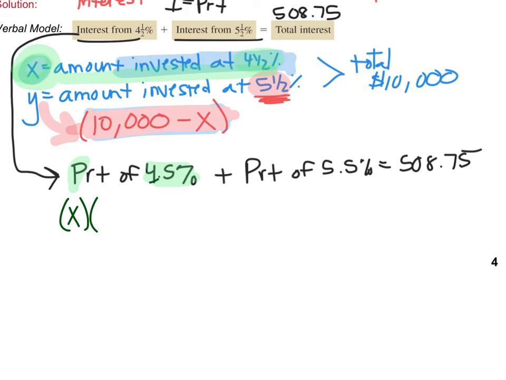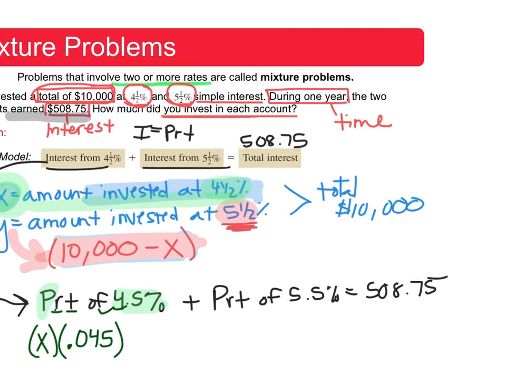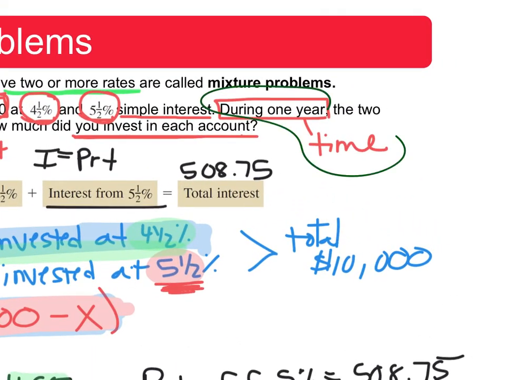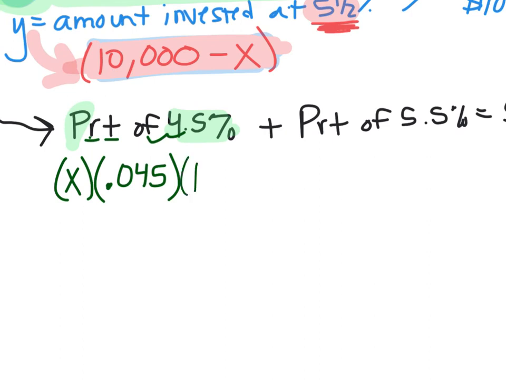So if we move our decimal over twice, this would be 0.045. Make sure you're converting your decimals carefully. And then for time, we said at the beginning that the time was just 1 year. So our time is simply 1. So there's our PRT, our simple interest for our 4.5%.